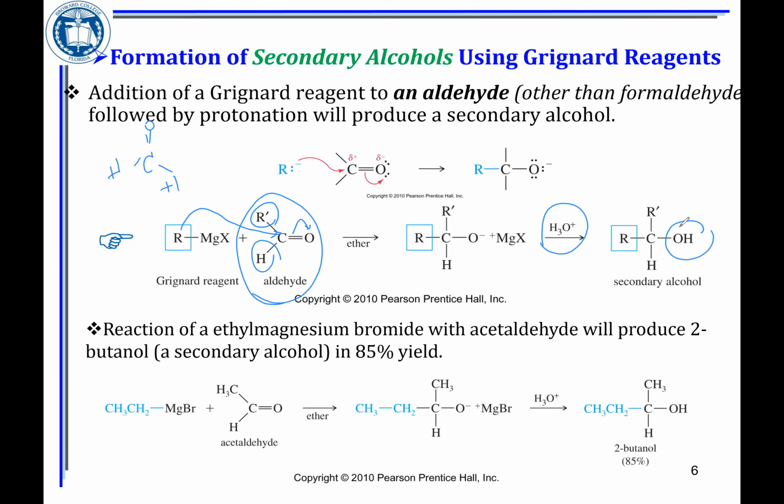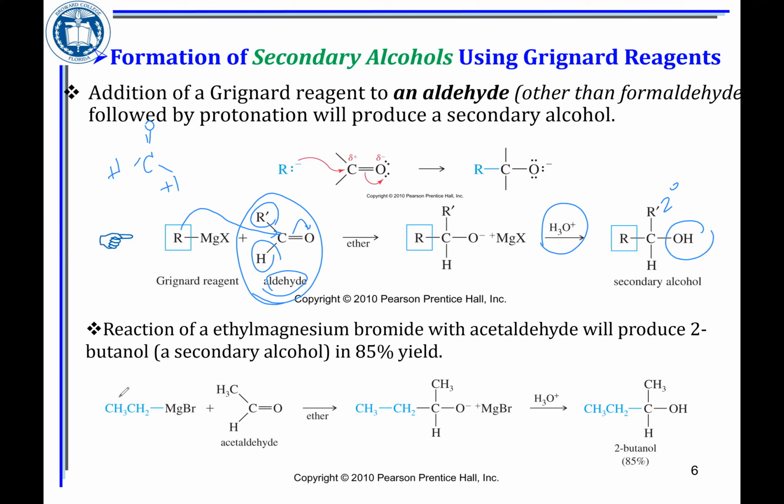The difference is if you are using aldehyde, the alcohol that is going to be prepared is going to be secondary alcohol. So we want to make sure that we make a note of that. If Grignard is added to aldehyde, you get secondary alcohol. For formaldehyde, you get a primary alcohol.